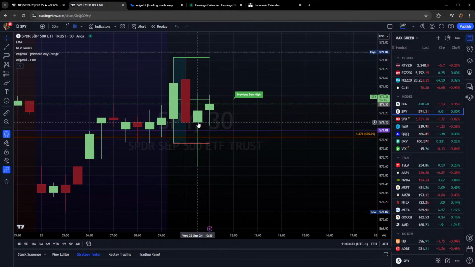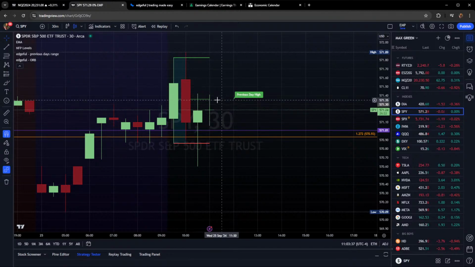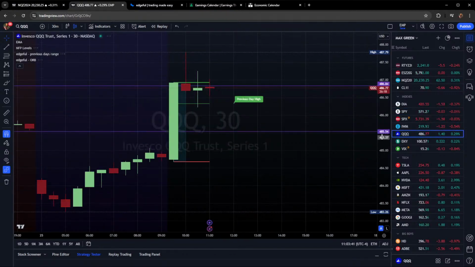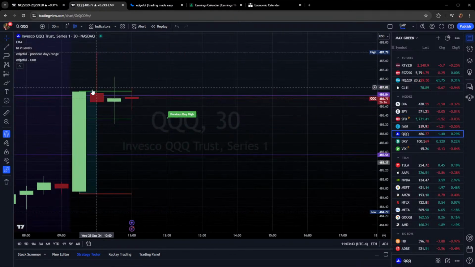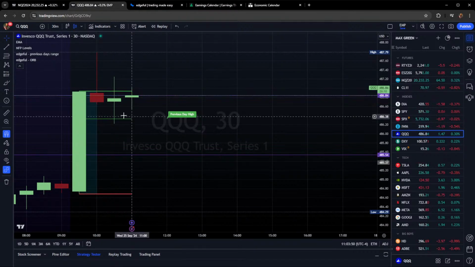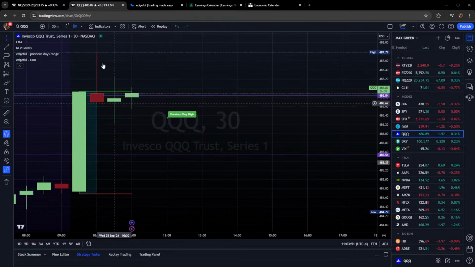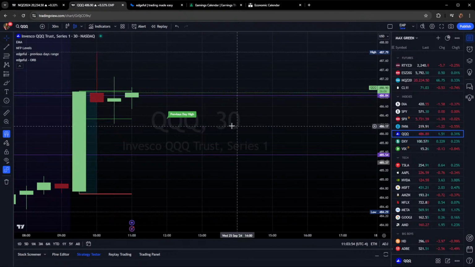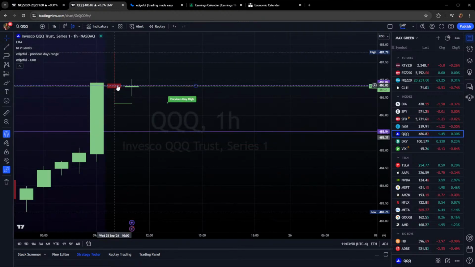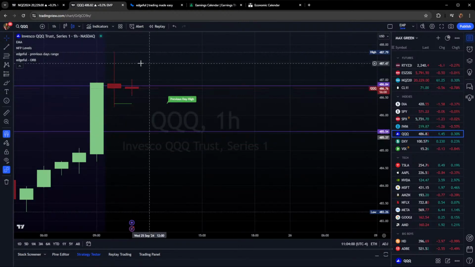This is a decent looking 30-minute candle right here if this goes any higher. Big candle up on Qs, and you've got this. That's not the best looking candle, obviously, on the 30-minute. Doji is just indecision.